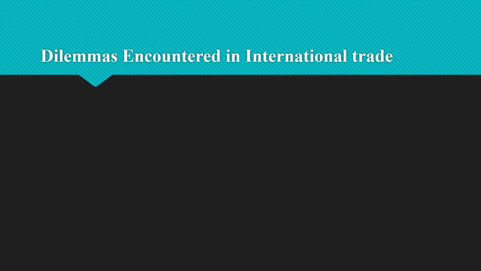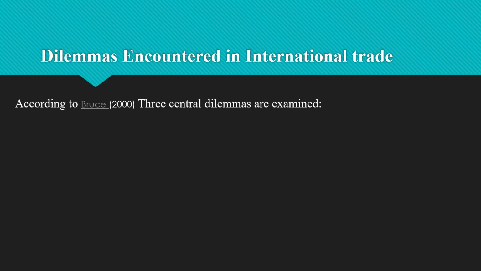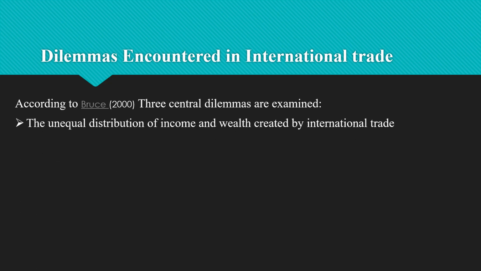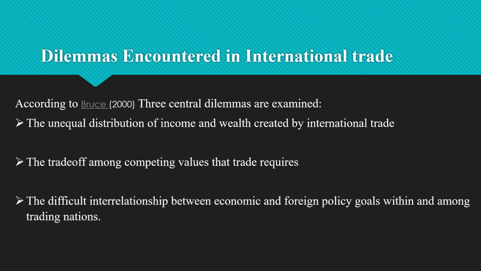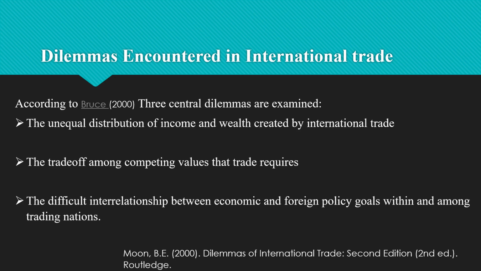According to Moon, in 2000, there are three central dilemmas in international trade: the unequal distribution of income and wealth created by international trade, the trade-off among competing values that trade requires, and finally, the difficult interrelationship between economic and foreign policy goals within and among trading nations.